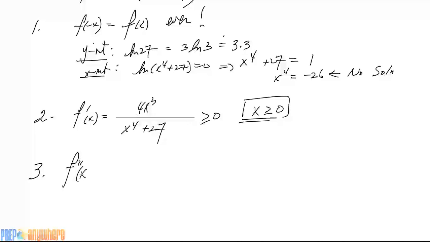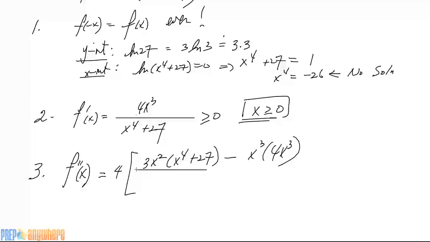Second derivative. This is going to get a little bit messier. Differentiate the x cubed, 3x squared. Quotient rule carefully. Right. So I hope by now you're good with your derivatives. If you're not, the chance of you finishing this question is very low.